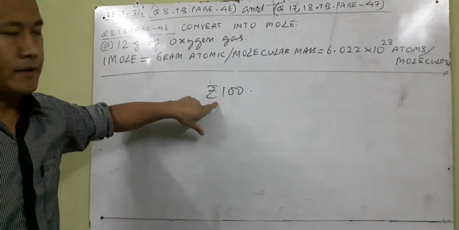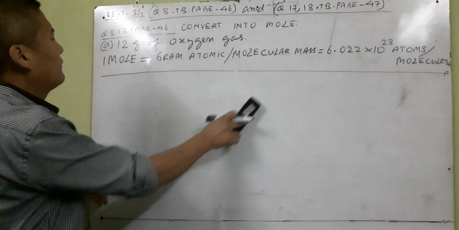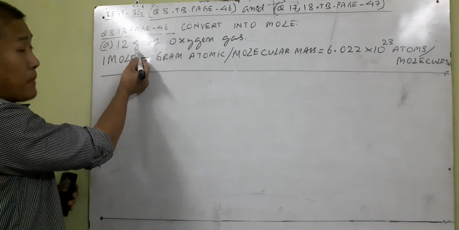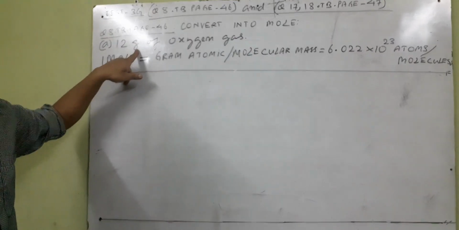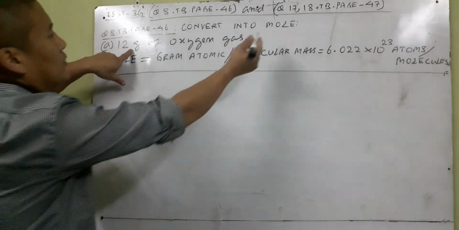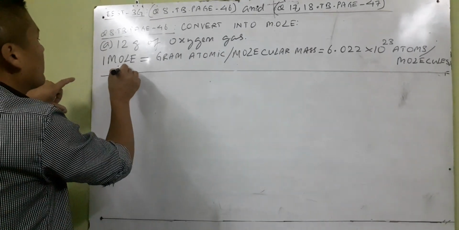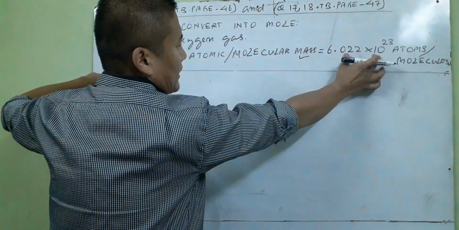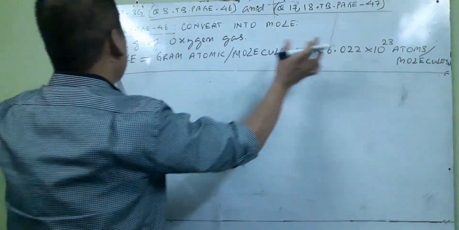Yes, you will say this is money. Likewise, if we say gram, even if they didn't tell us, we know this is mass, because gram is a unit of mass, just like rupees is a unit of money. So this is mass and this is mole. We have to use these two parts of the formula, mole and mass, not this one, which is the number of atoms. So we're not going to use a number this time.